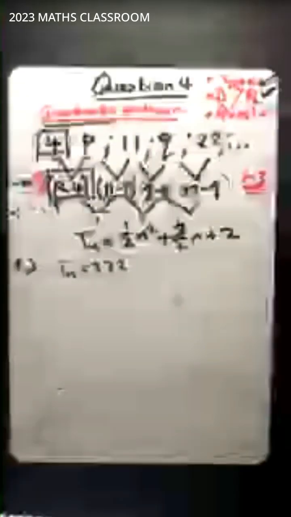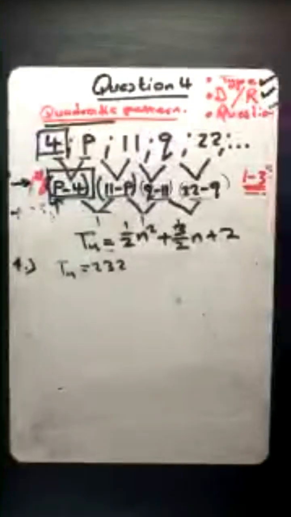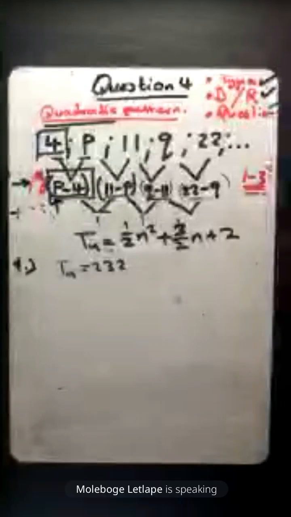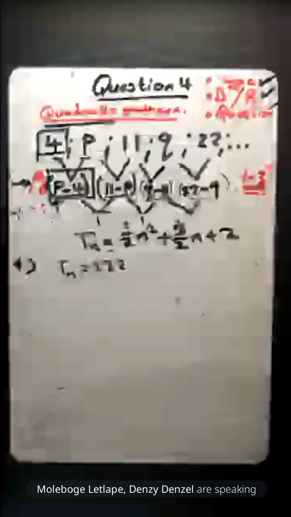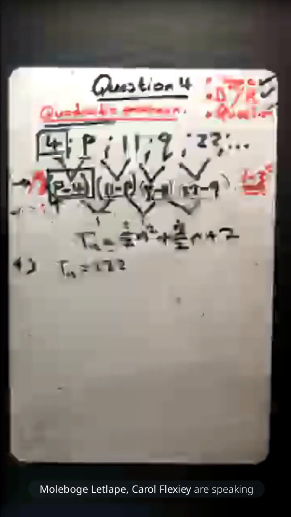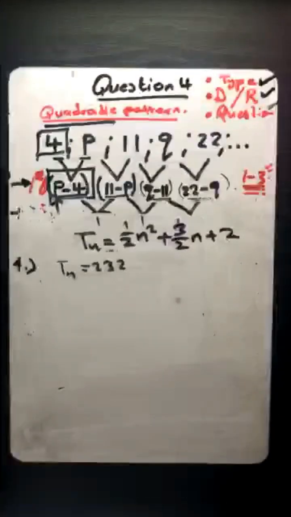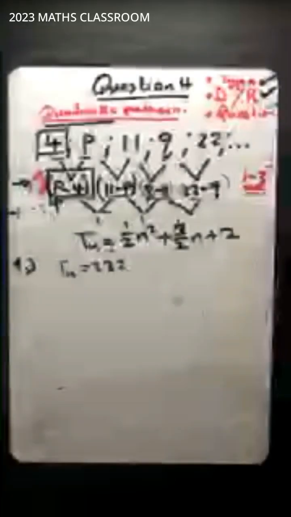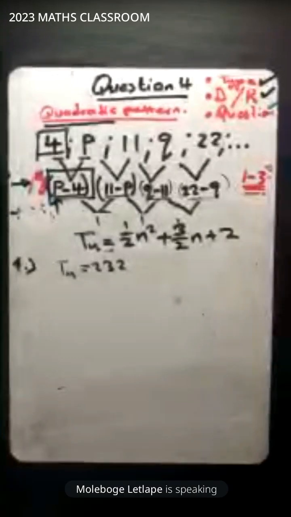Moleboge, how is it now? Better. Can someone see how is it now? I think it's still blurry, but continue, I will hear you. It's cutting off. It seems like now it's worse. No. Oh, this is clear.